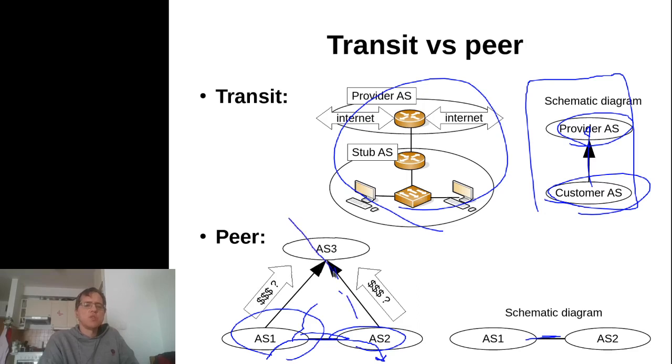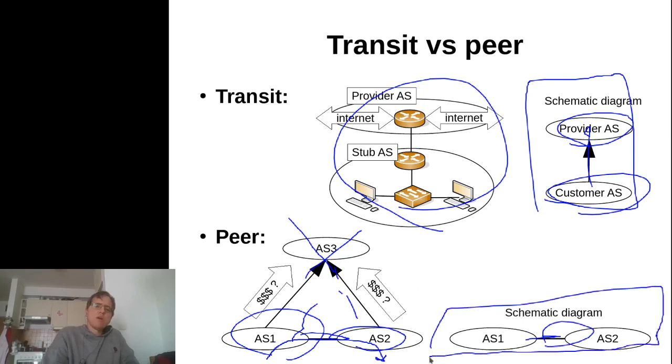If we want to just remove the transit provider from the loop and save on transit fees, then these two ASes can form a direct peering relationship with each other.